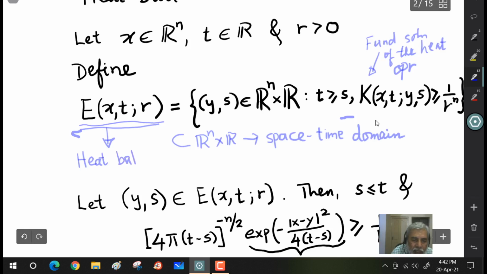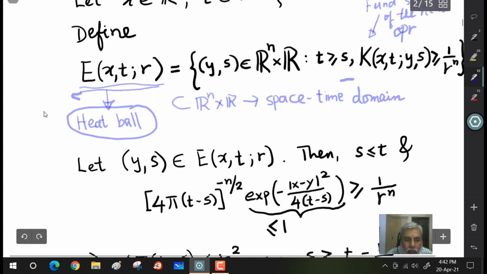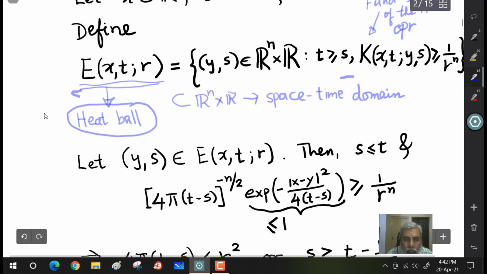It is not exactly a ball. We'll see the geometry of that, but it looks like a ball. So for given x in Rn, t in R and r positive, it's referred to as the heat ball.